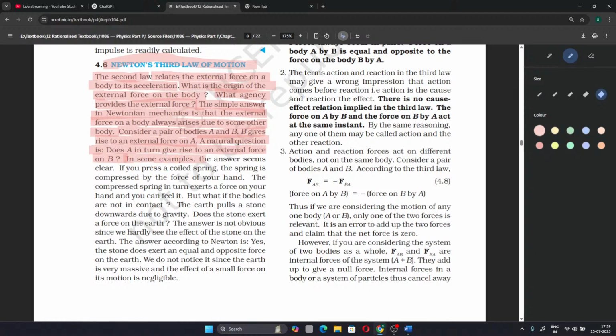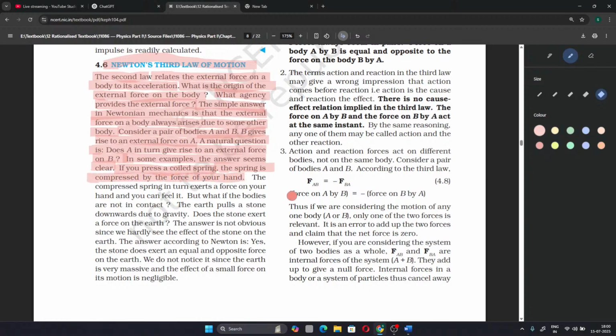In some examples, the answer seems clear. In some real situations we will know the answer, but not all can be related to the same thing. But they are giving examples where it seems clear. If you press a coiled spring, the spring is compressed by the force of your hand.